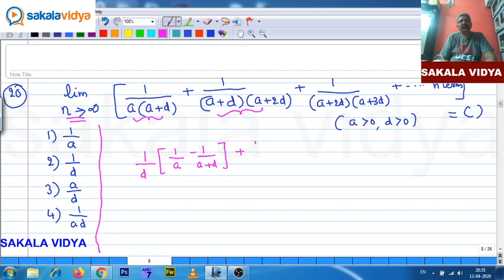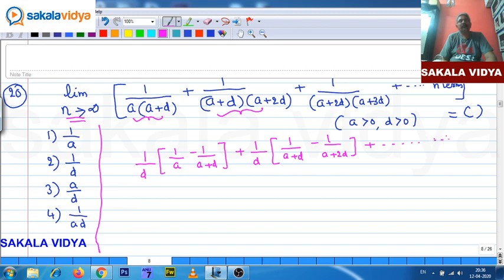Similarly, for the second term also, 1 by d into 1 by a plus d minus 1 by a plus 2d, and so on n terms.